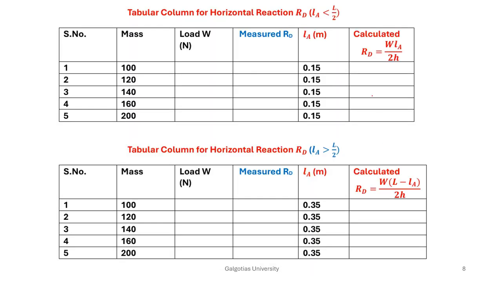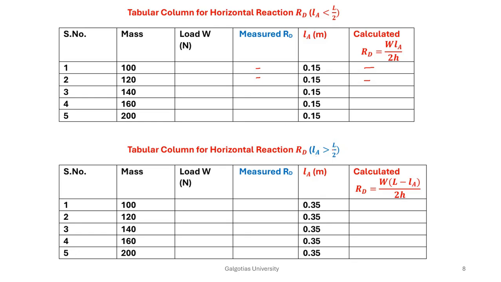Now these are the tabulations where you have the load at these locations, and the student will write down the measured value of reaction by the machine, and here he will verify with the manual calculations, and compare the accuracy of the machine as well as the manual calculations.